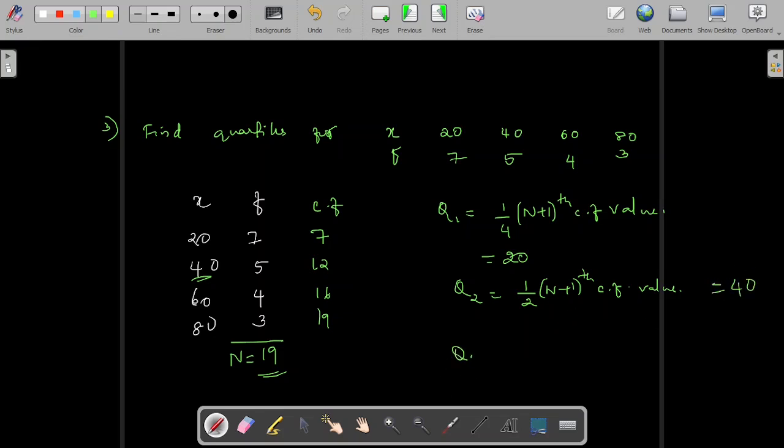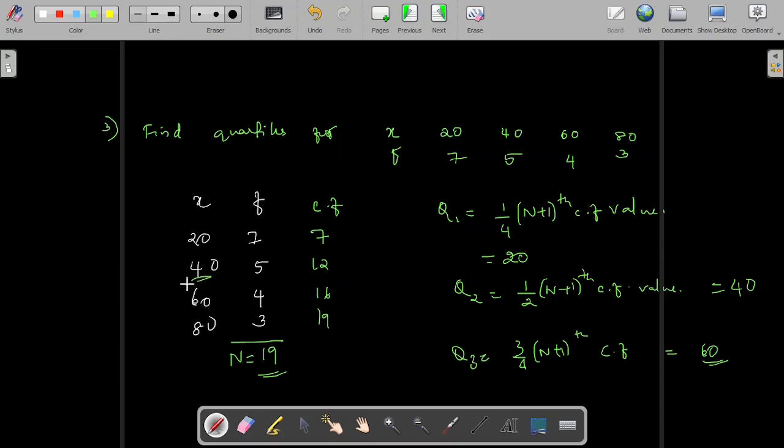Then Q3 is 3 by 4 into (N plus 1)th cumulative frequency value, which is 3 by 4 into 20, which is 15. The value corresponding to cumulative frequency 15 comes within this, so the data value is 60. Hence we got Q1 is 20, Q2 is 40 and Q3 is 60.